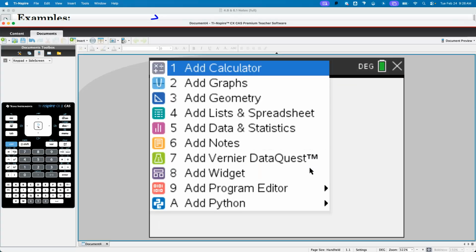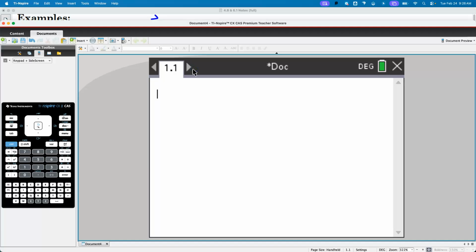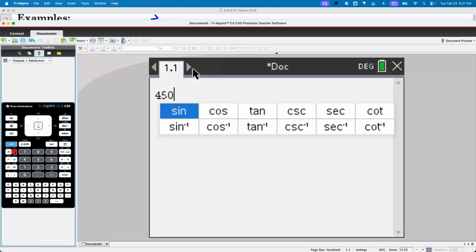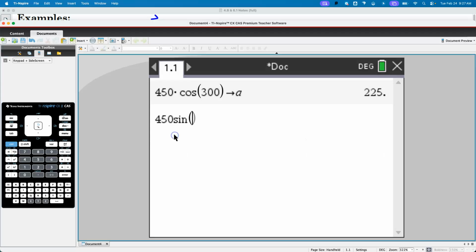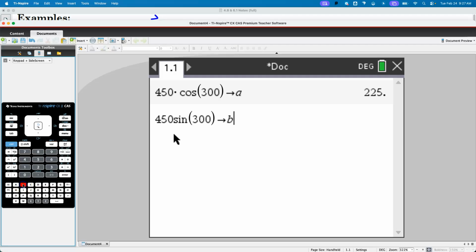Okay. 450 cosine of 300. I'm going to store as my A. 450 sine of 300 I'm going to store as my B. 225, negative 389.711.